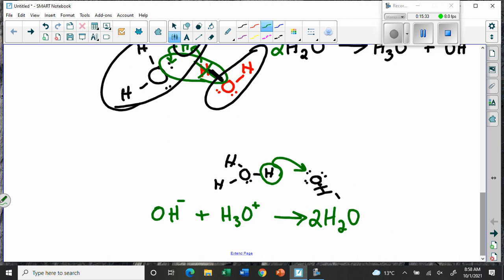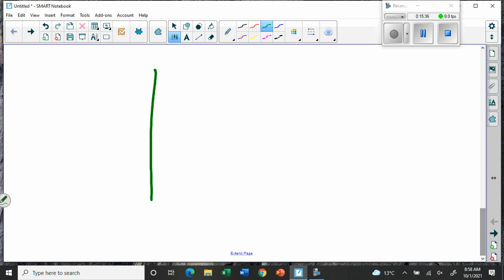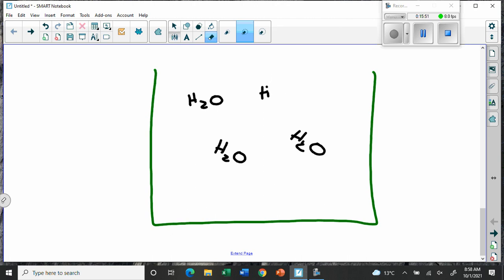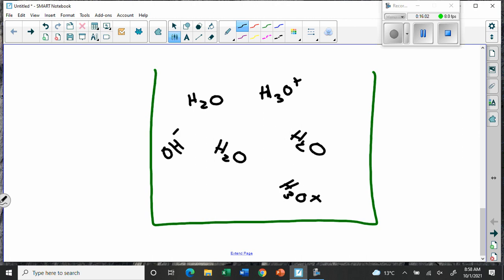So if we were to look at a glass of water, we wouldn't just see H2O in there. We'd see H2Os all over the place, but we would also see some H3O pluses, because some of these water molecules would have bumped into each other, and those little hydroniums would form. So there'd be some of those in there as well. And then there'd also be some OHs, like this, some hydroxides.